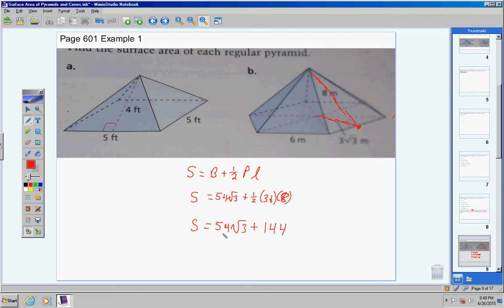Now, if you then type in 54 square root of 3 plus 144 with your calculator, you will get this answer right here. The surface area equals 237 meters squared. Okay, guys, if you have to back it up again and watch it, back it up again, okay? It's really important you understand this. Surface area of a regular pyramid.